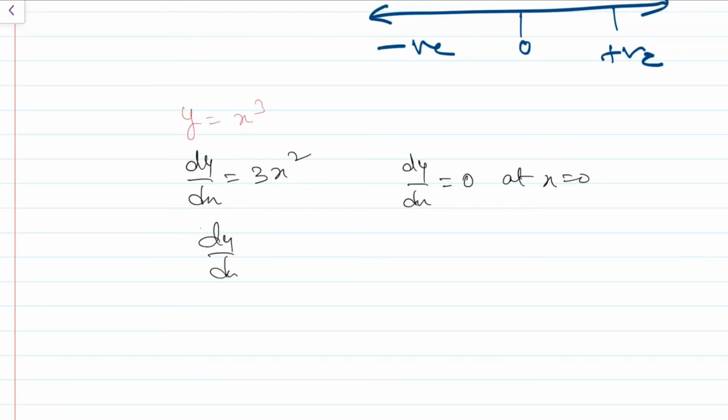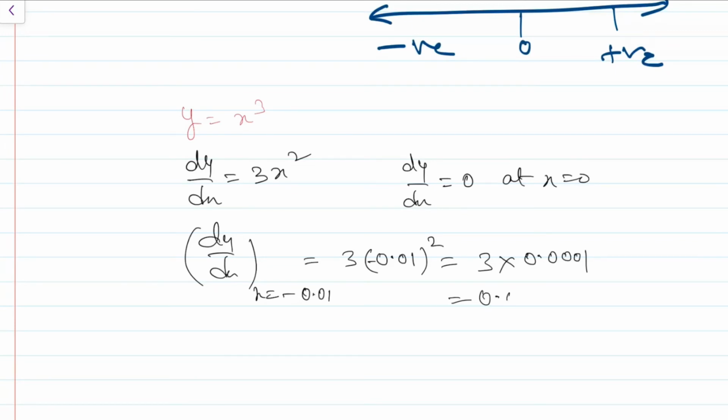Say x is equal to negative 0.01. The value will be 3 into minus 0.01 whole square. It will be 3 into 0.0001.